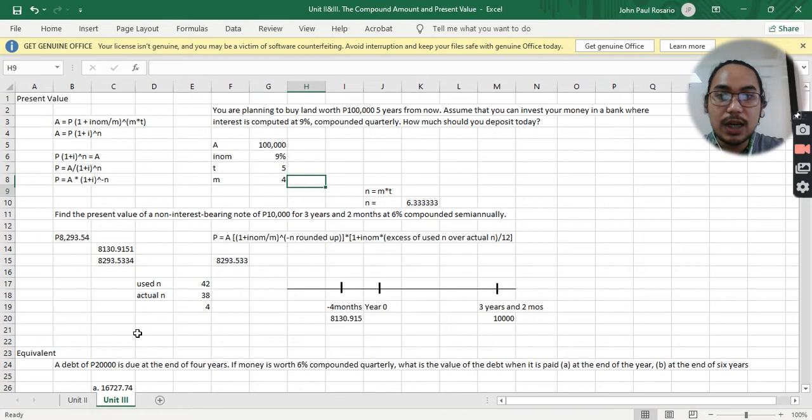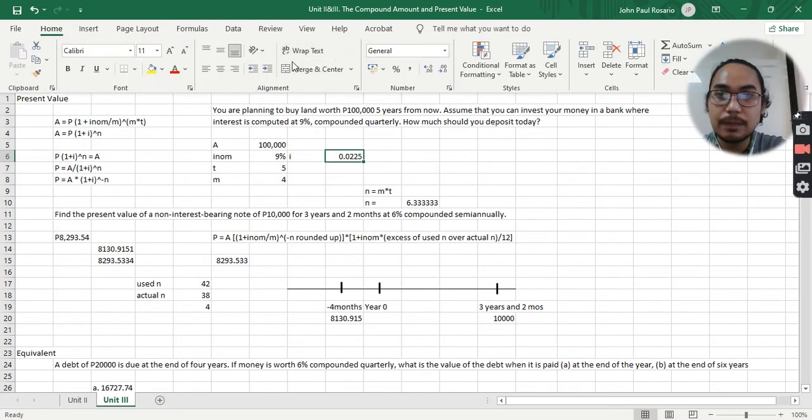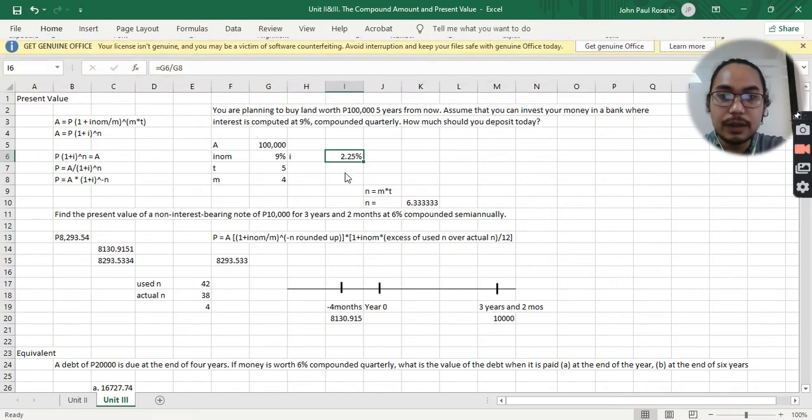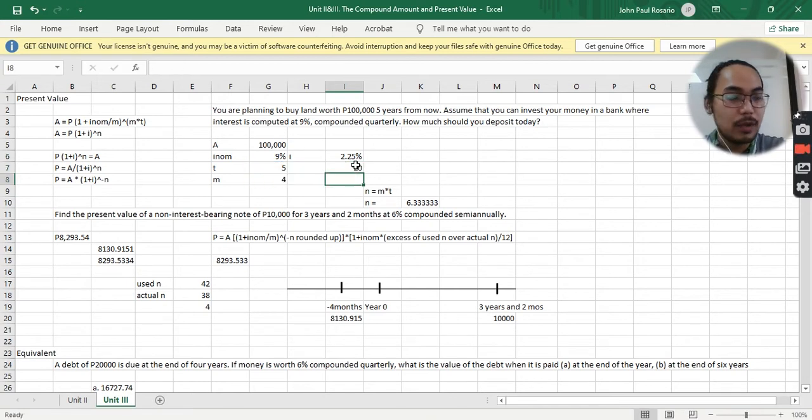So that should give us an i of 9% divided by 4, which is 2.5%. And the total number of compounding periods is 5 times 4.